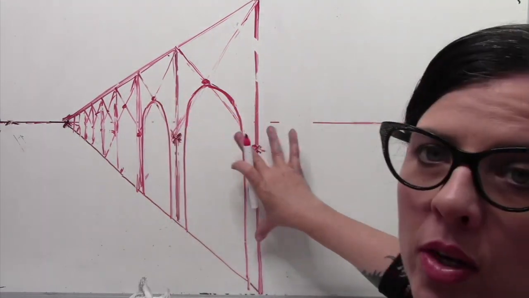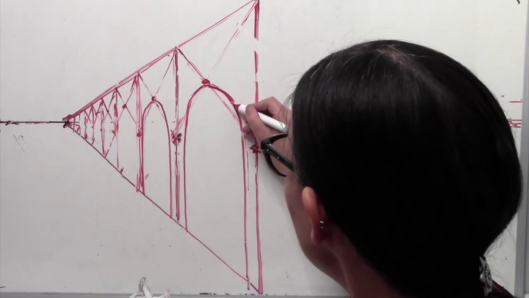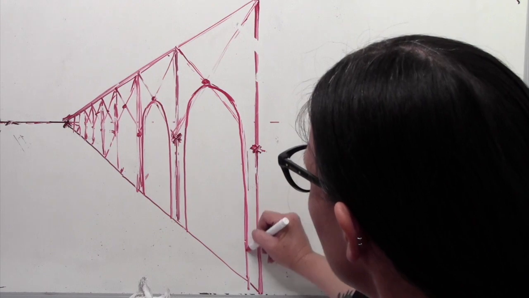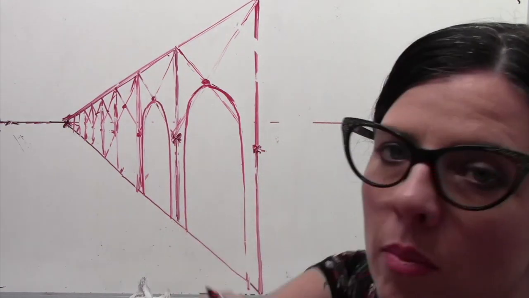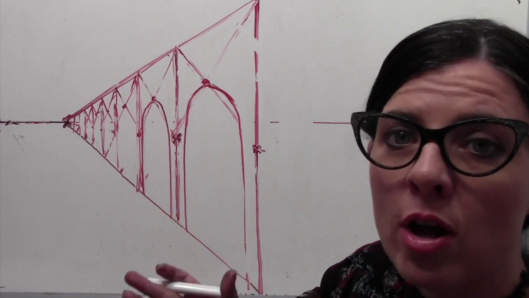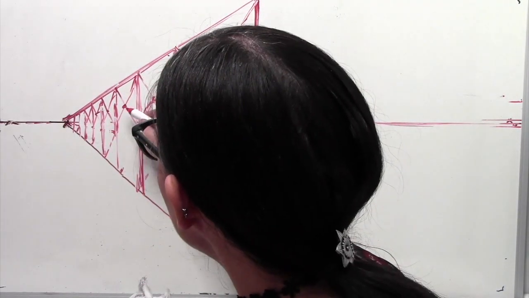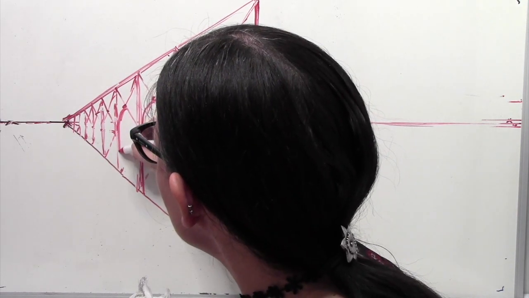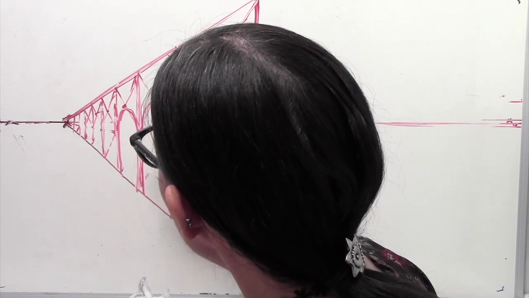I could just divide this up into even itty-bitty segments and use that to help me have more precision. But that would create a lot of lines and it would take me way too long than the time that I have left. Oops, getting my hands in my own way.